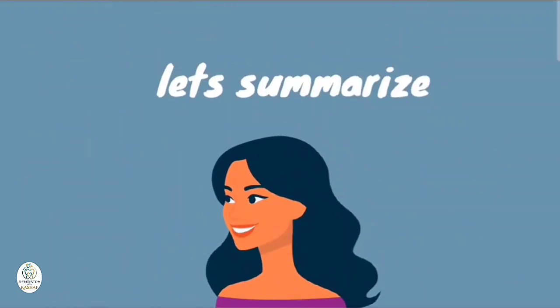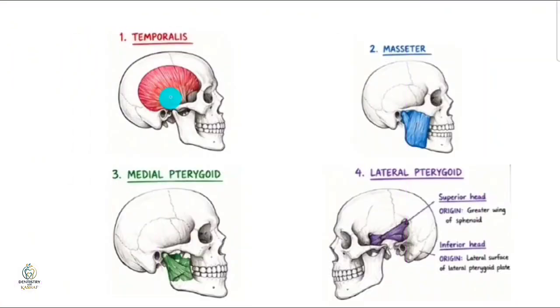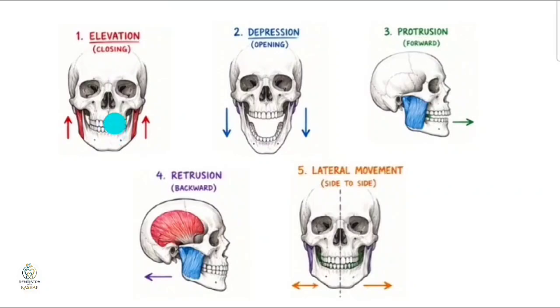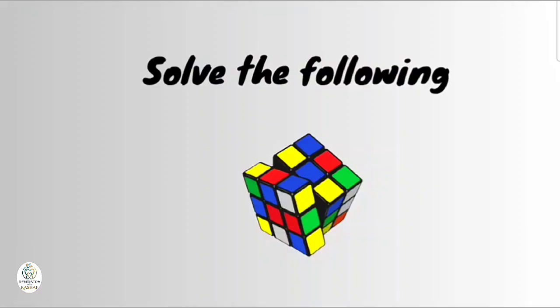Okay, let's summarize the whole thing, guys. This one is your temporalis, this is your masseter, this is your medial pterygoid, and this is your lateral pterygoid. Easy, right? This is elevation, this is depression, this is protrusion, and this is gliding movement, side to side. Try to learn which muscles cause the specific movements.